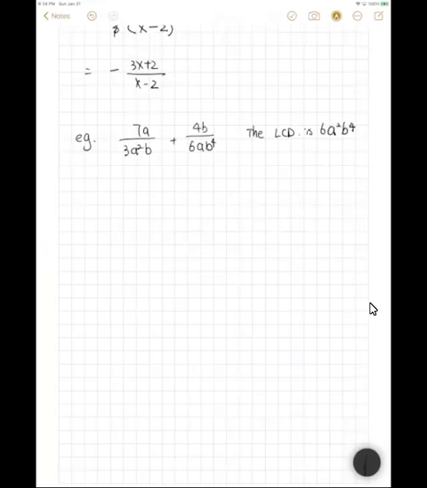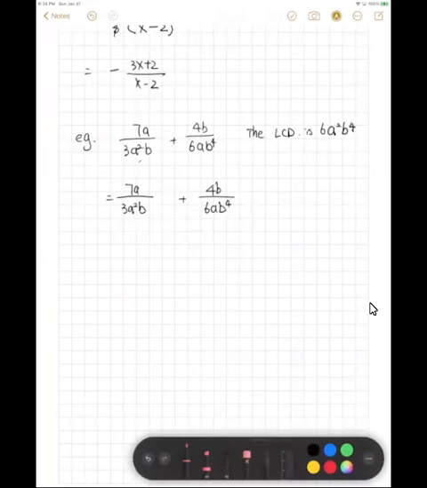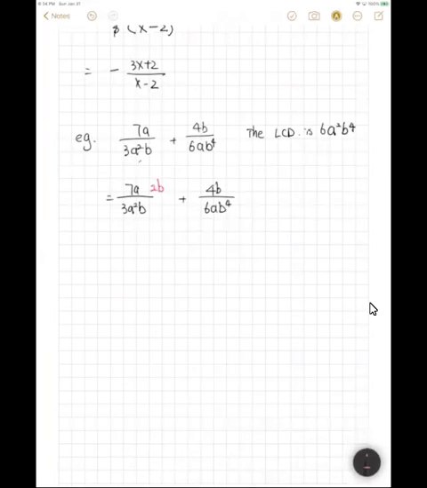Now we need to construct these two fractions in order to make them have the same common denominator. For the first one, we need to times 2 times b to the third, top and bottom. For the second one, we need to times a, the denominator and numerator.